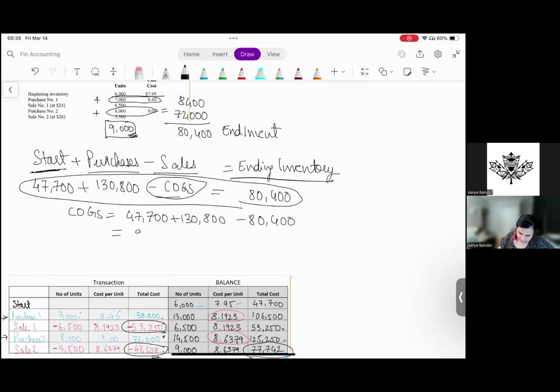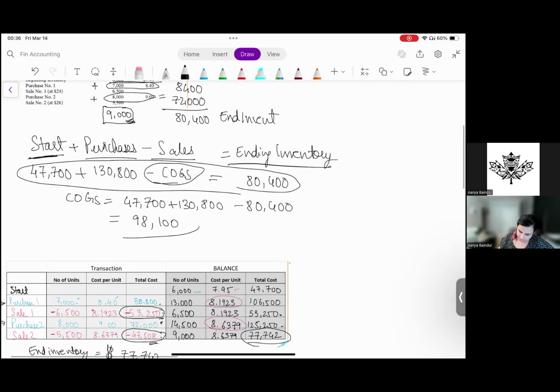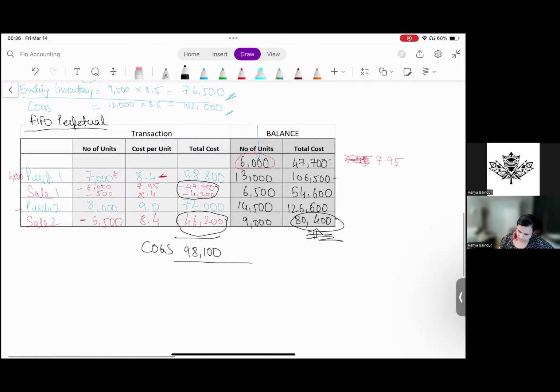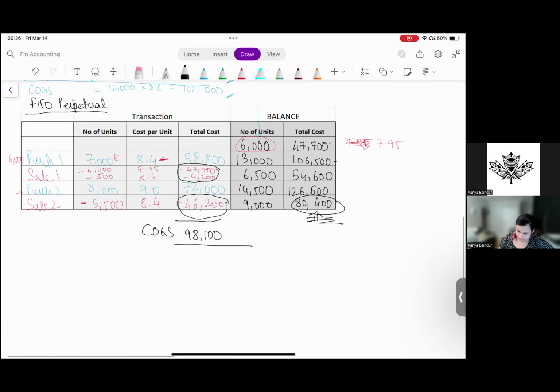That gives the value of 98,100. This value is exactly what we got here. See, both of them give us the same answer.